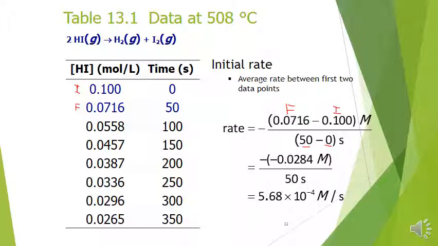All of this is molar and per second, so do simple math. Remember, there's a minus sign because we're measuring reactant, so you have to put a minus out front, and your value is 5.68 times 10 to the minus 4 molar per second.